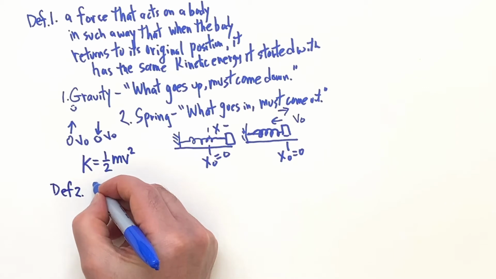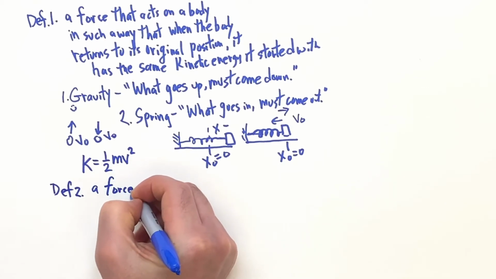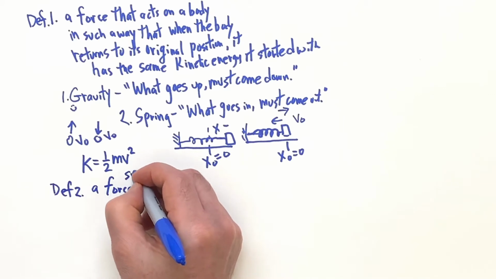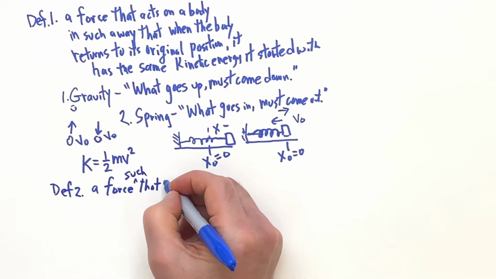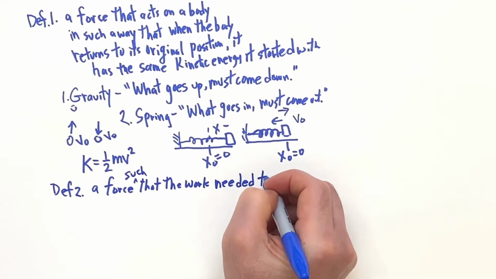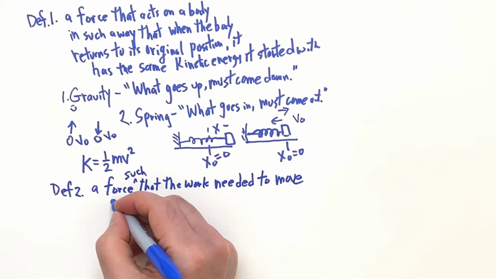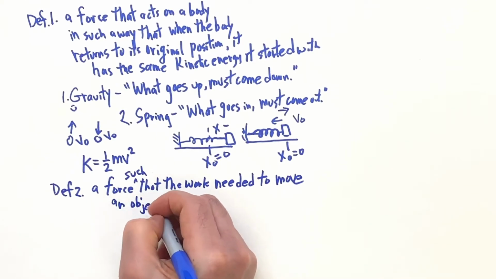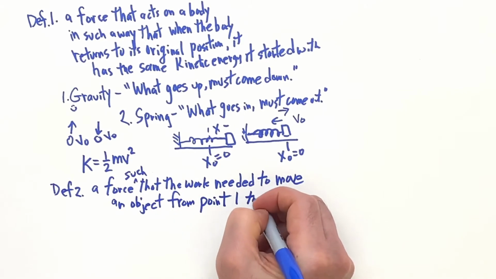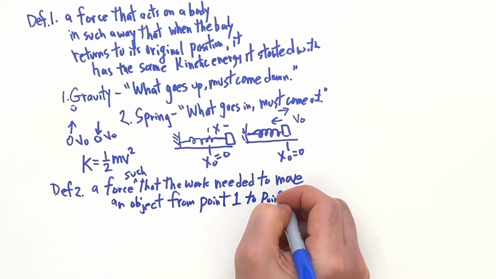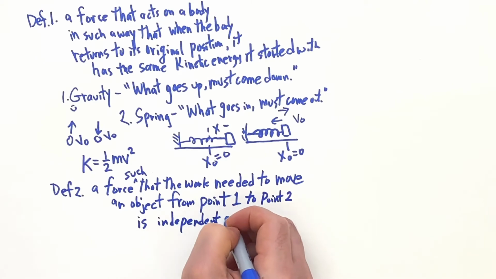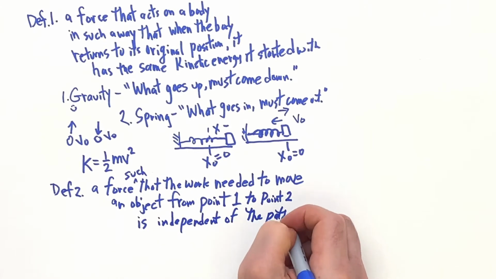Definition 2 for the conservative force. It's a force such that the work needed to move an object from point 1 to point 2 is independent of the path taken.